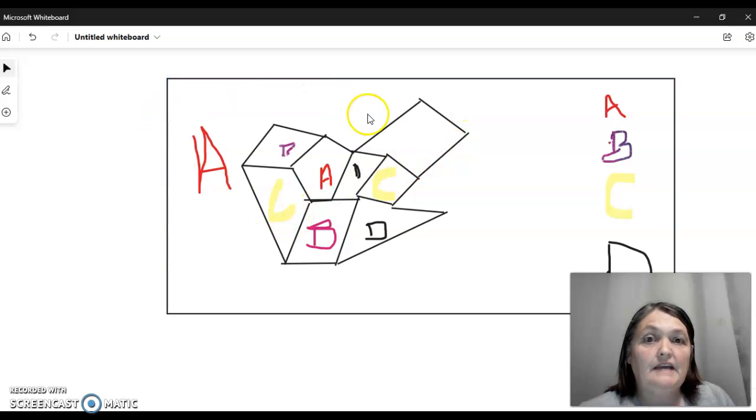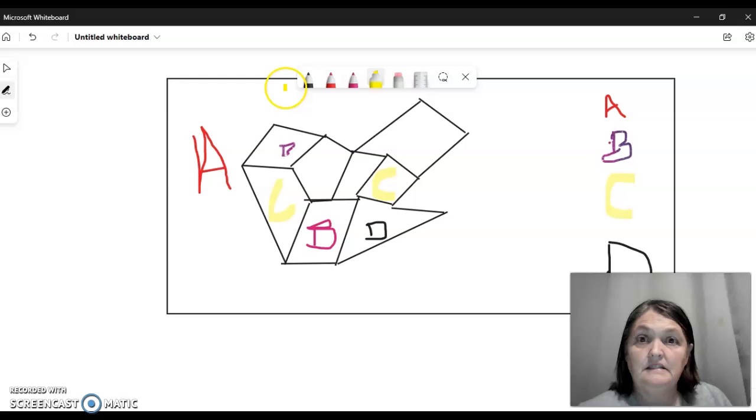Okay, so A once again is all the way around the outside. So we said that could be B, that could be C, that could be B. This cannot be A anymore. We're going to delete him. So if he can't be A, he can be D. All right.